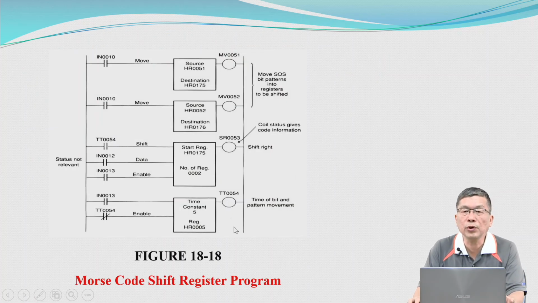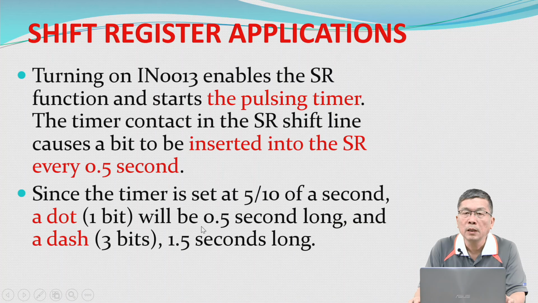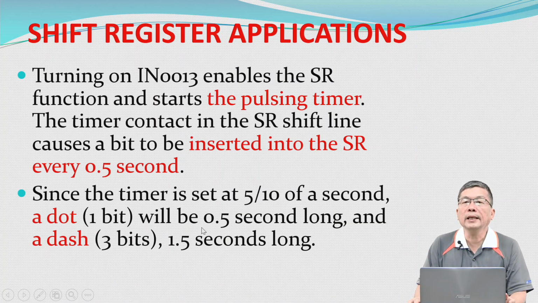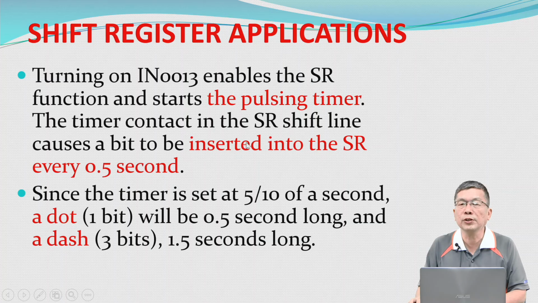This picture shows the Morse code shift register program. Turning on input 13 enables the SR functions and starts the pulsing timer. The timer contact in the SR shift line causes a bit to be inserted into the SR every 0.5 seconds.